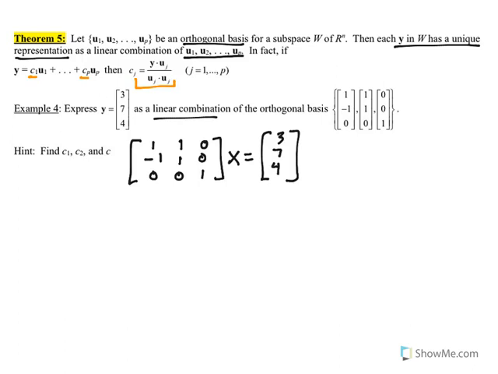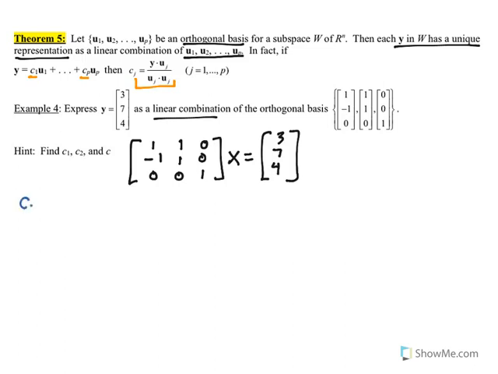That's solving AX equals y, which we've been doing by row reducing. But if we use Theorem 5, we have a shortcut. Now, I get it, this is easier than row reducing by hand, but maybe not easier than just row reducing in your calculator.